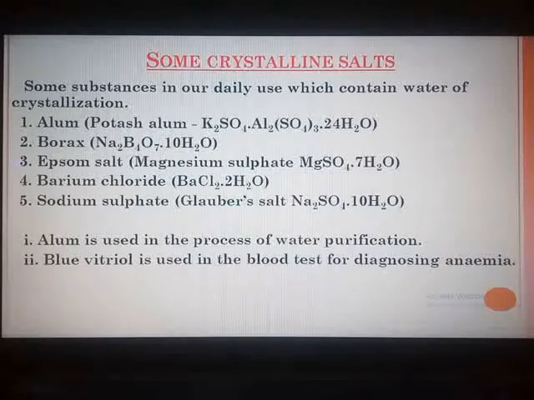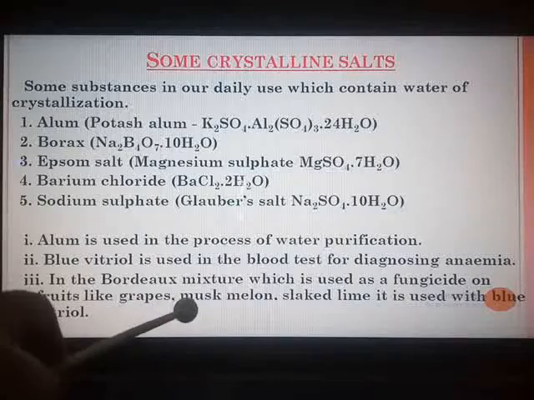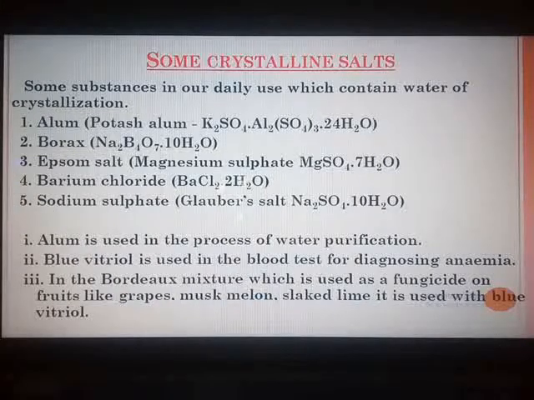Next, blue vitriol is used in the blood test for diagnosing anemia. Anemia is the condition where you have a lower amount of blood. Bordeaux mixture, which is used as a fungicide on fruits like grapes and muskmelon, is made of slaked lime together with blue vitriol. So these are some of the uses of the salts.